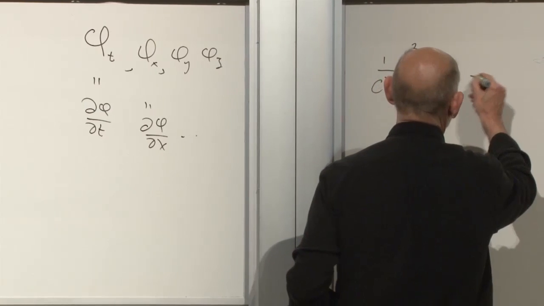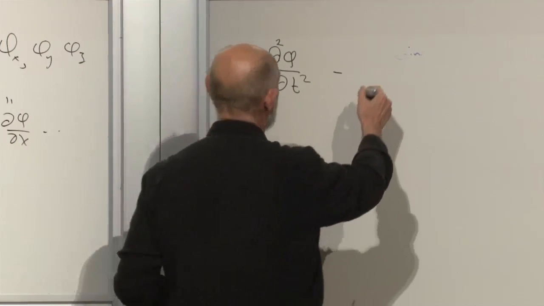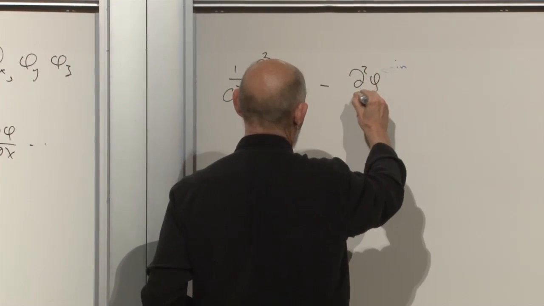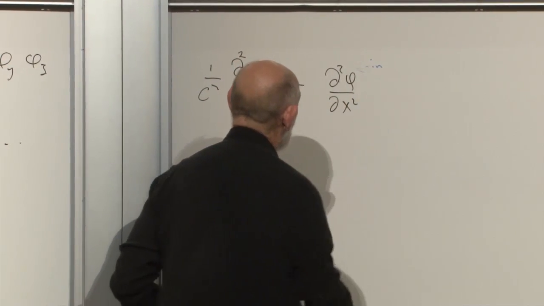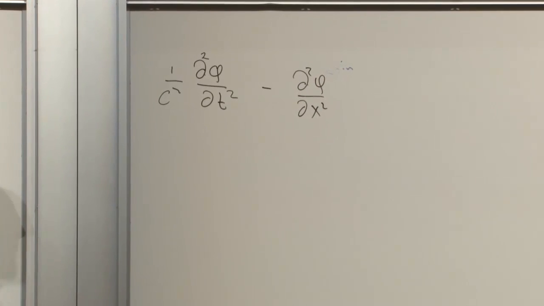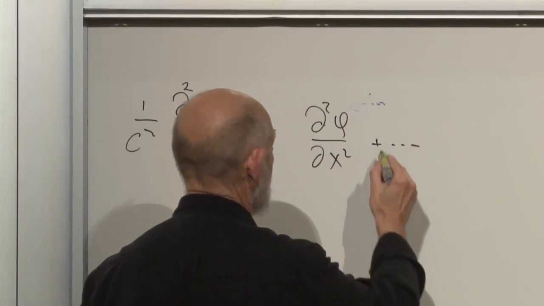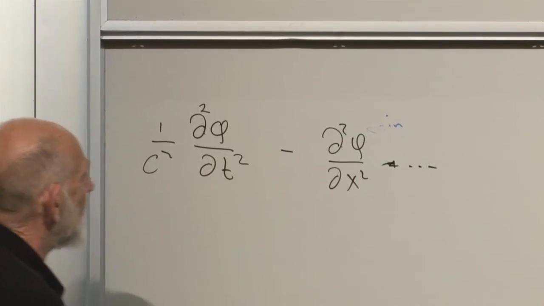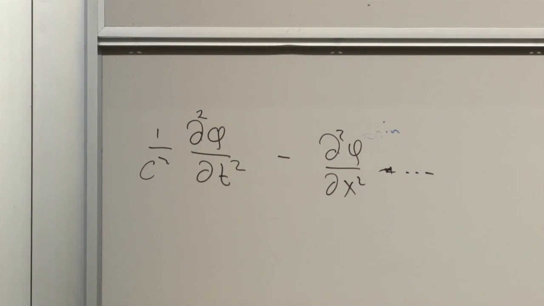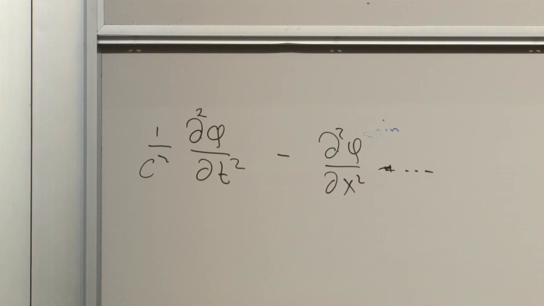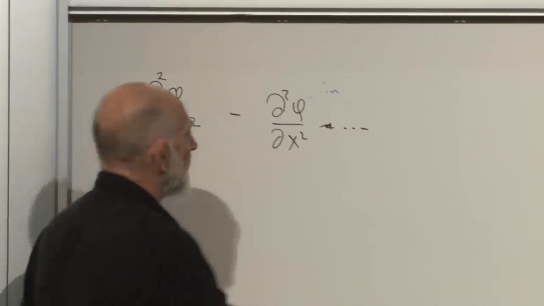And then what happens for the space components? The space components are exactly the same except with a minus sign. d second phi by dx squared. And I won't bother writing y squared, z squared, and so forth. Or minus dot dot dot. That's this term.